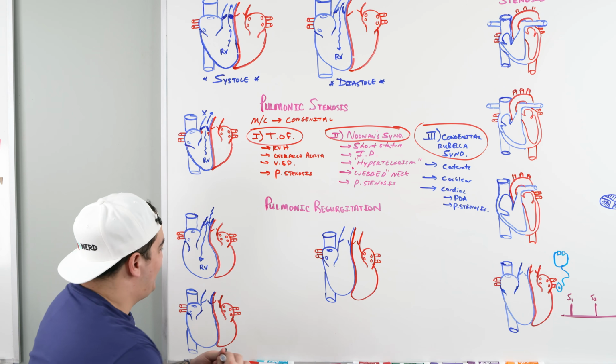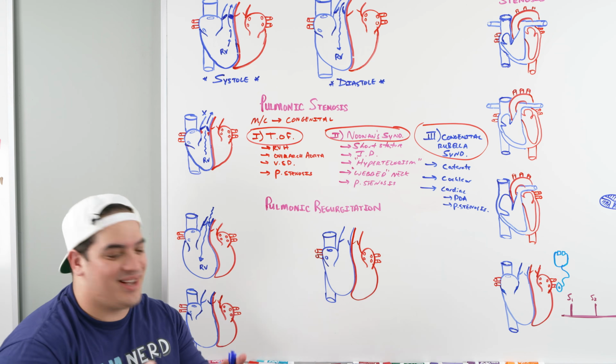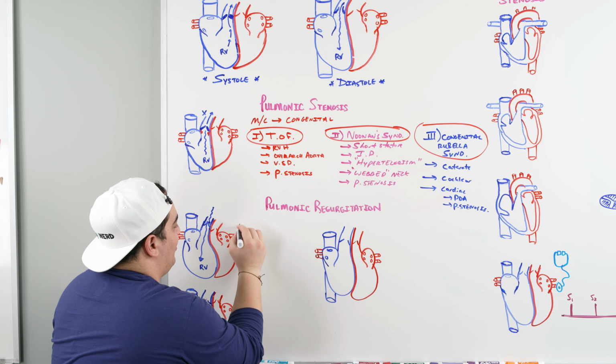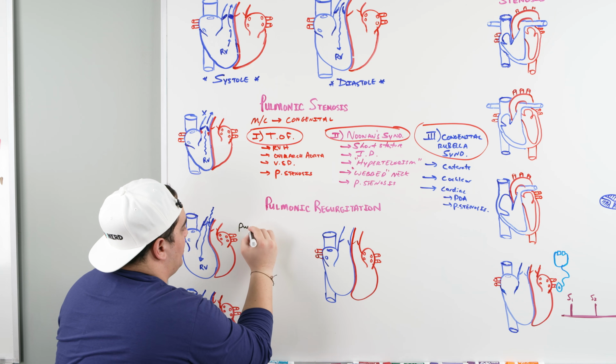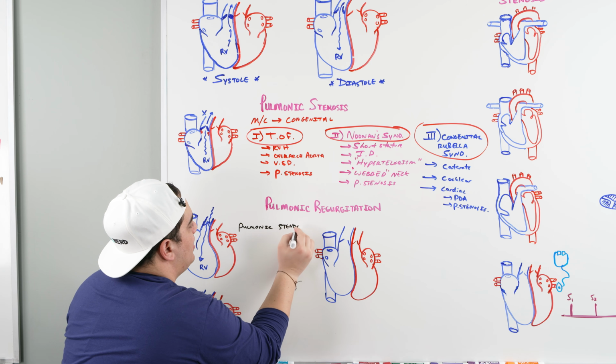You know, it's really interesting. If someone has, this is, believe it or not, the most common cause, someone has pulmonic stenosis. Usually it's tetralogy of Fallot, since it's one of the more common out of those 3. So they have pulmonic stenosis.